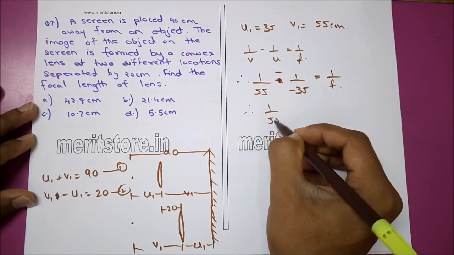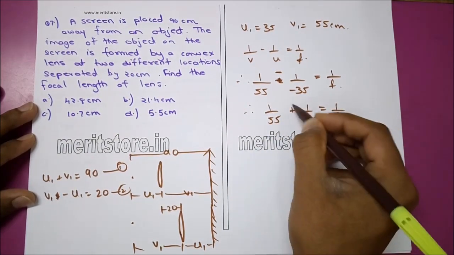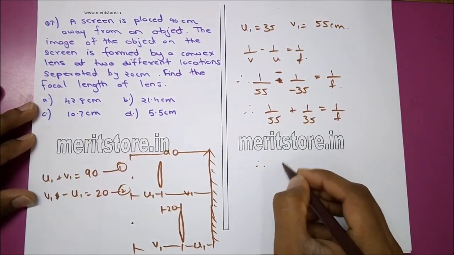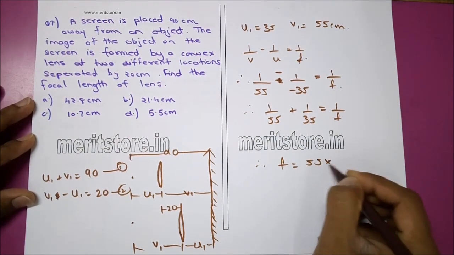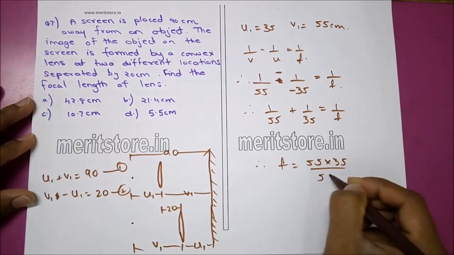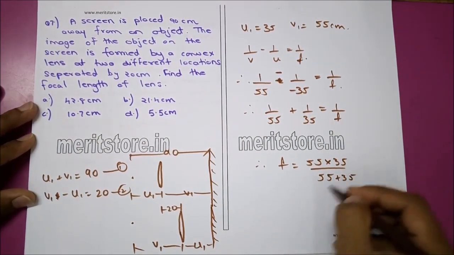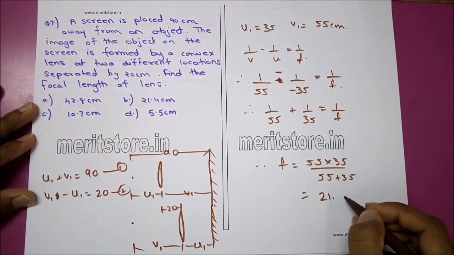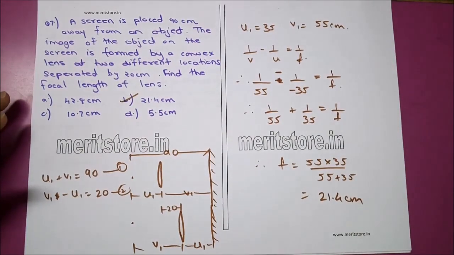So 1 upon 55 plus 1 upon 35 equals 1 upon f. This minus and minus together turn into a plus. Therefore the focal length f is equal to 55 into 35 upon 55 plus 35. So after solving this we get the answer 21.4 centimeters, hence option B is the correct answer.